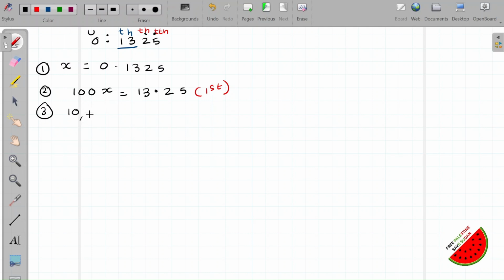So 10,000x is equal to 1,325.25. I forgot the recurring dots.